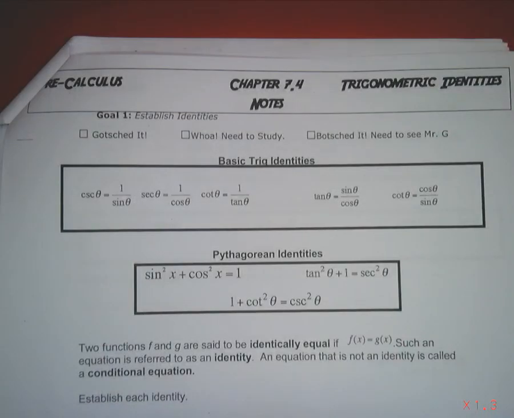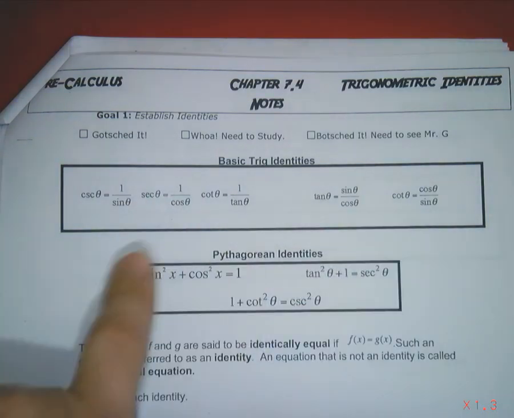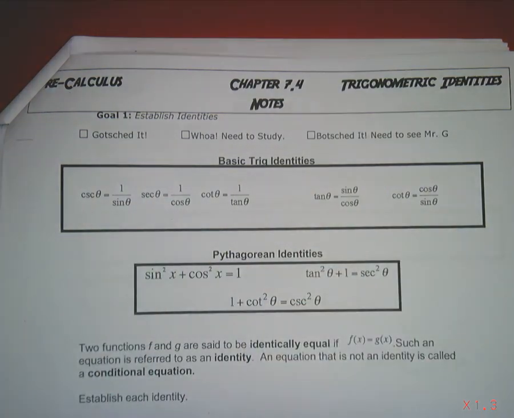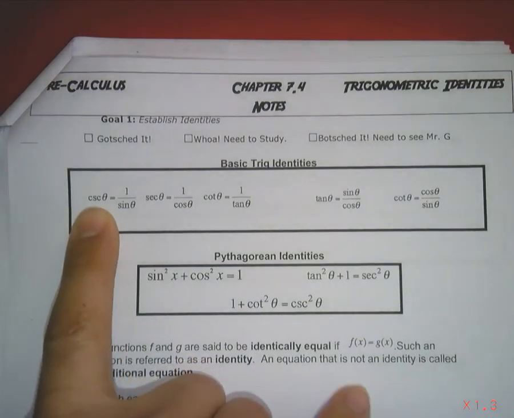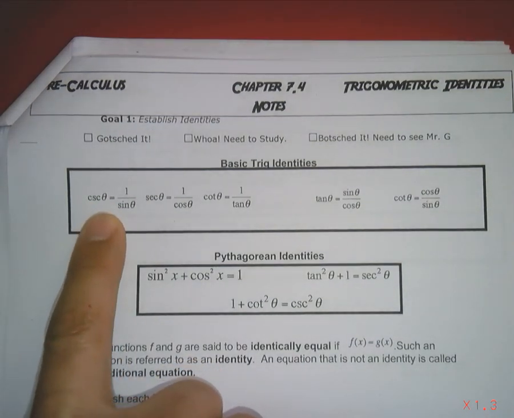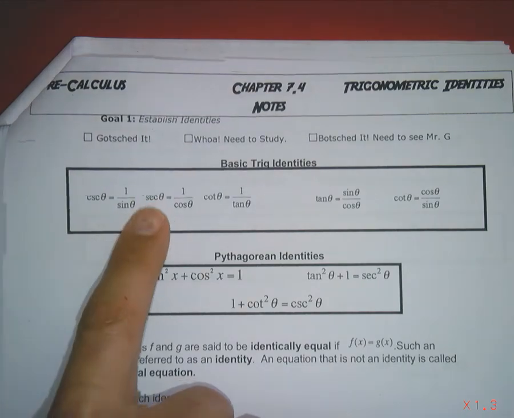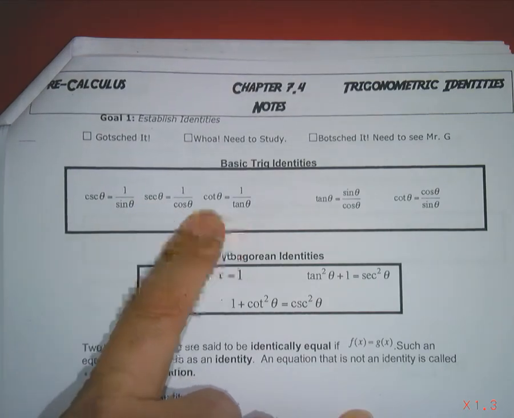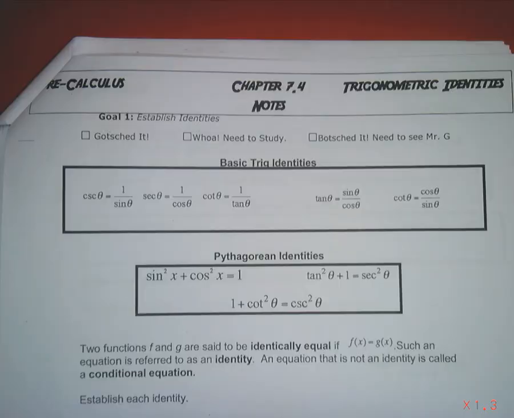We're going to establish an identity here, okay? Well, there's some basic trig identities that we should be aware of, and I showed you guys these back in chapter 8.1 when we're doing just SOHCAHTOA. We should know the buddies, the reciprocals. We should know cosecant is 1 over sine. We should know secant is 1 over cosine, and cotangent is 1 over tangent.